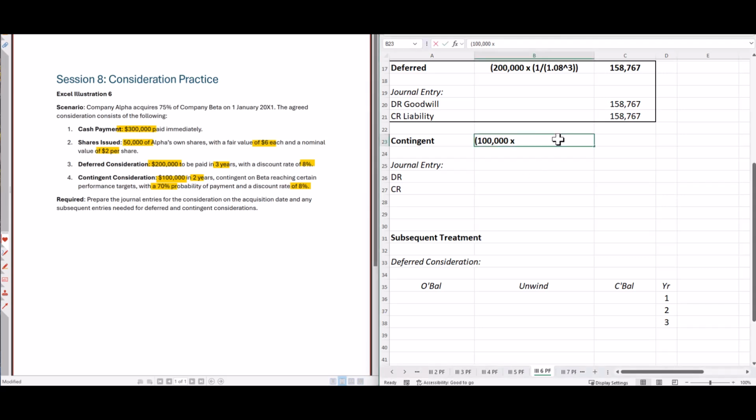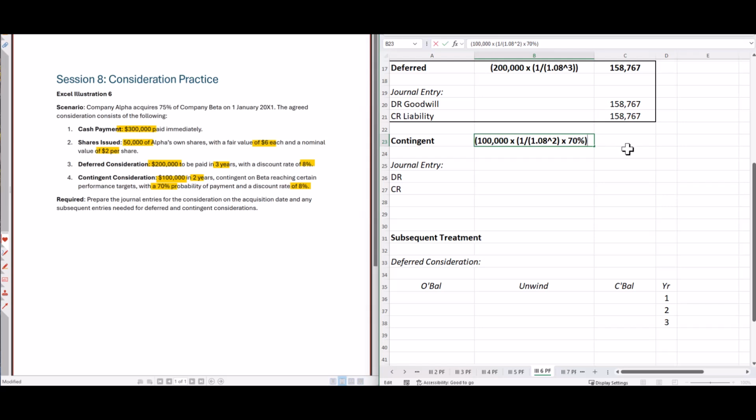So similar to the one above, actually, except it was 3 years. So times 1 over 1.08, this time to the power of 2. And then finally times 70%, because there's only a 70% probability that it happens.